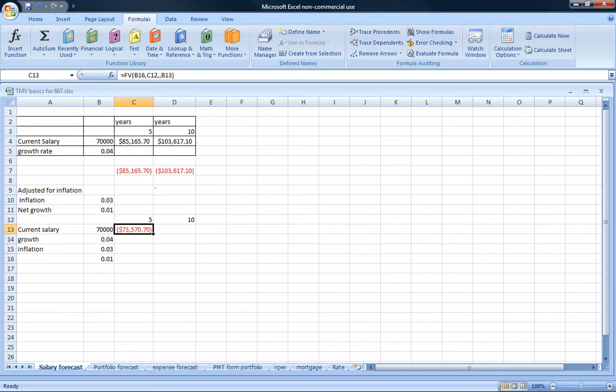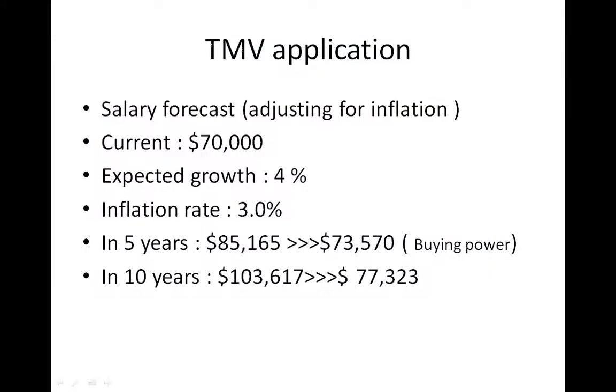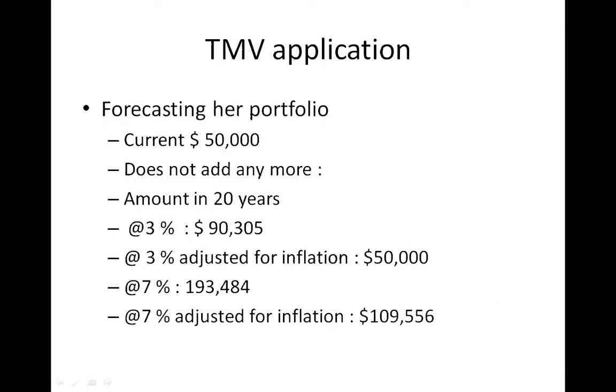Okay, let's do some more examples. What if we now want to see, okay, what about forecasting somebody's portfolio? Let's say Judy has $50,000 in her account, and she does not add any more, just in this example, and she wants to know in 20 years how much will she have if the money grows at 3%.